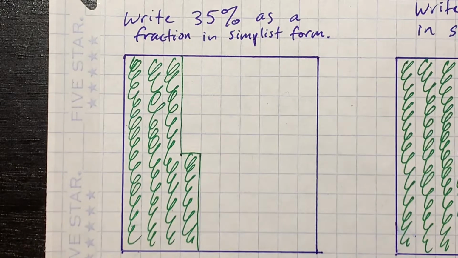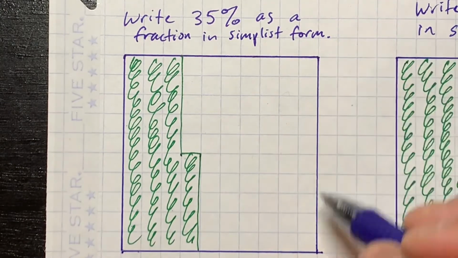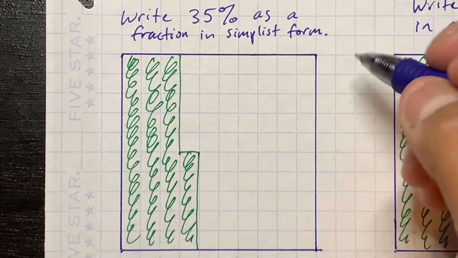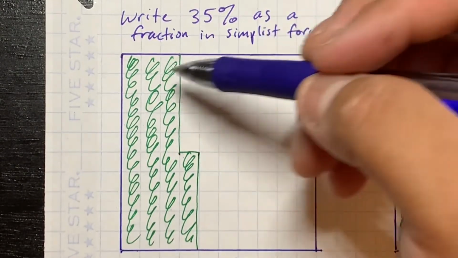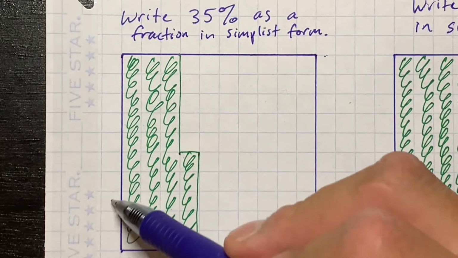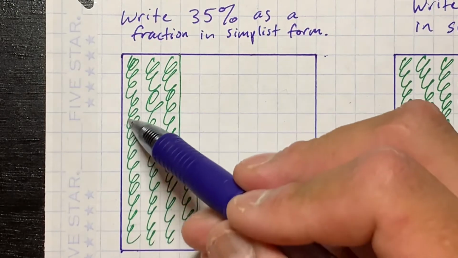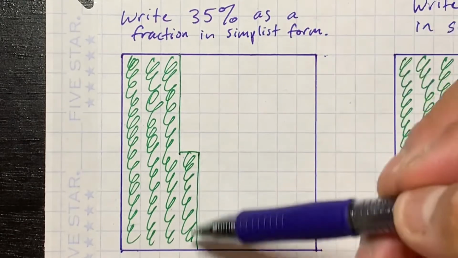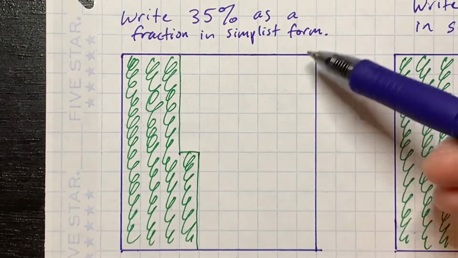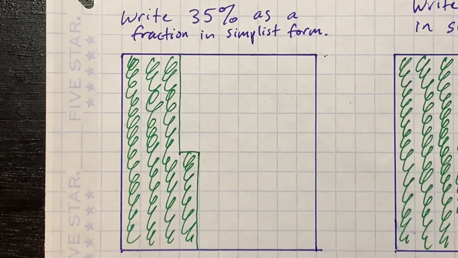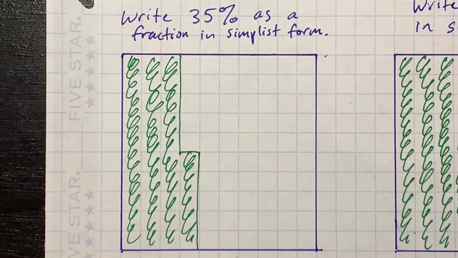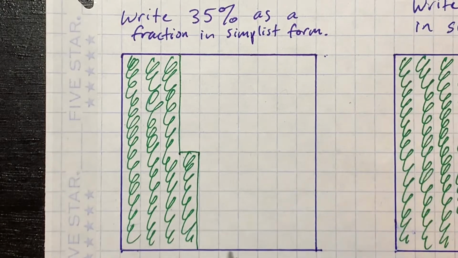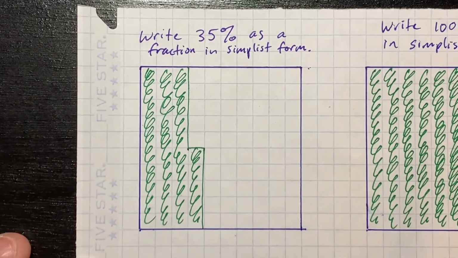Again, this is a 10 by 10 grid, because you have 10 rows and 10 columns. So if we multiply 10 times 10, there are 100 total units inside this 10 by 10 grid.